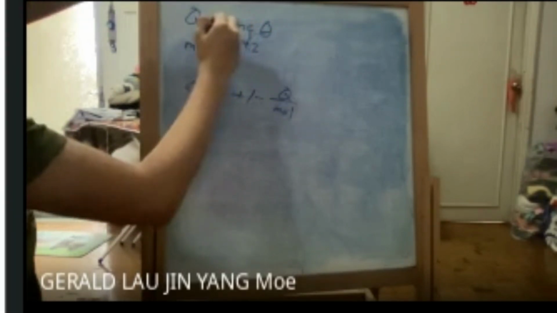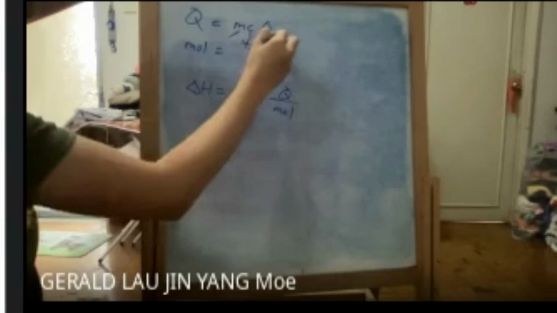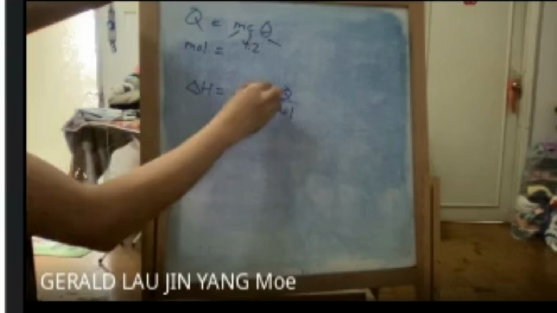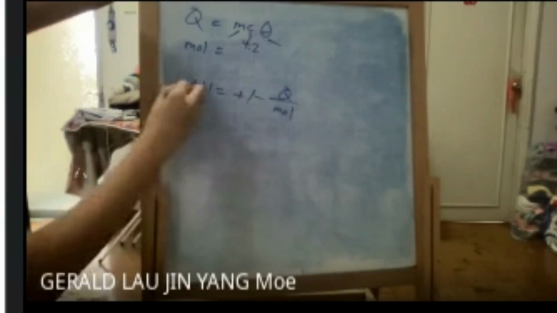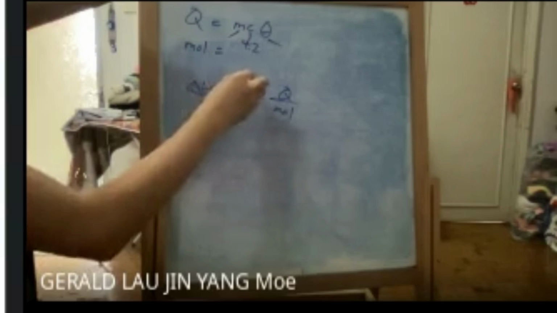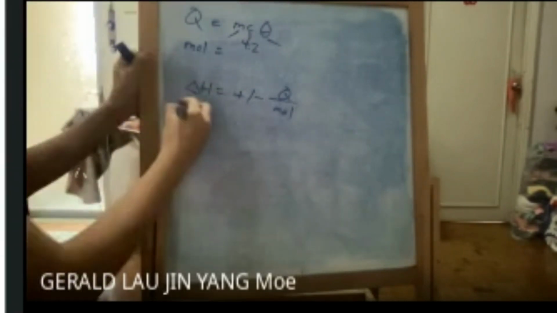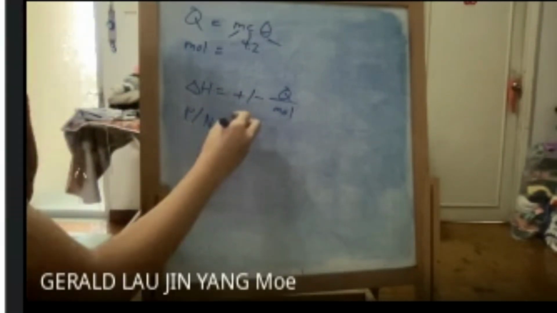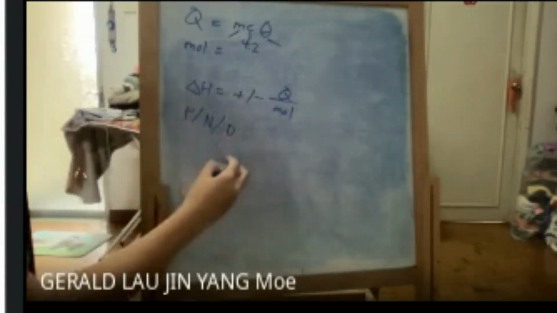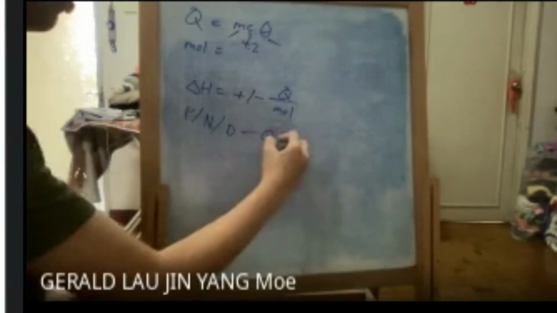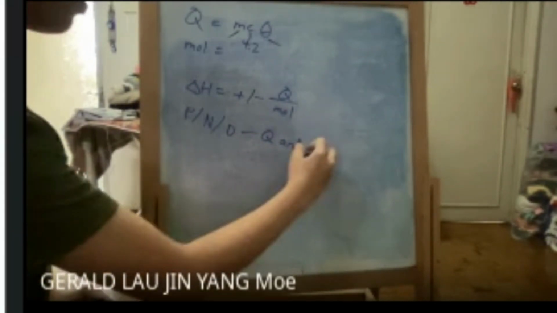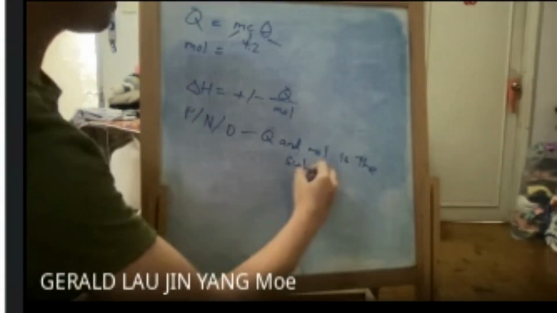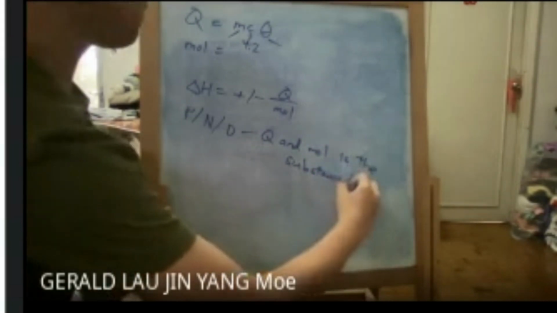Mass is the volume, and theta is the change in temperature. Mole is the amount of mole of substance, and then Q over mole. Delta H will be positive or negative like this. Now for precipitation, neutralization, and also displacement, the Q and mole is of the substance, and the product.